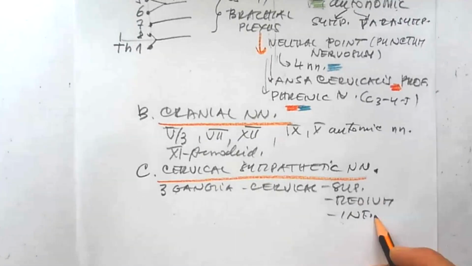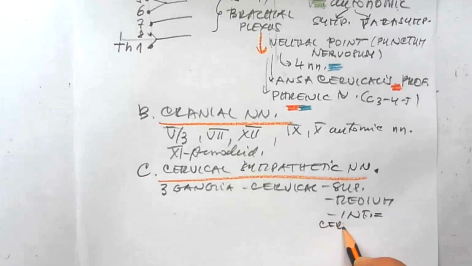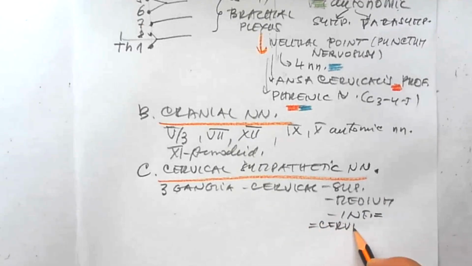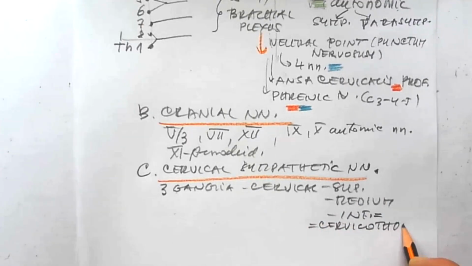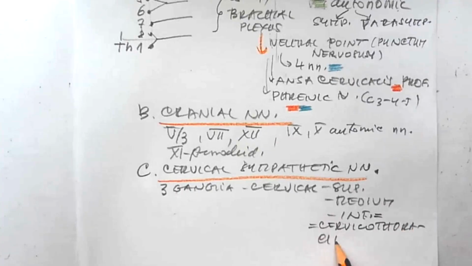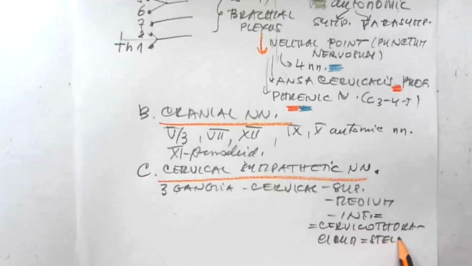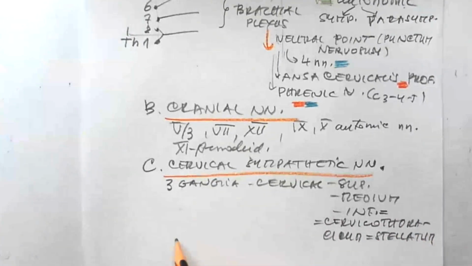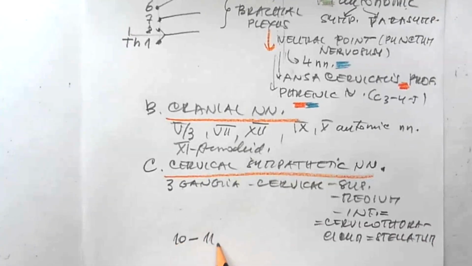But the third one is identical with the name cervicothoracicum, or stellatum. Stellatum means like an asterisk. Fine. Then there are 10 to 11 thoracic ganglia.